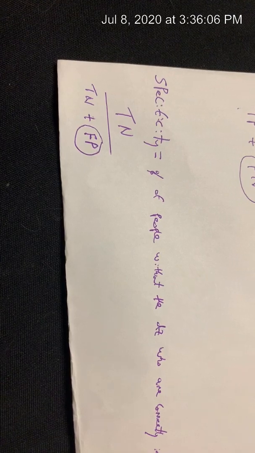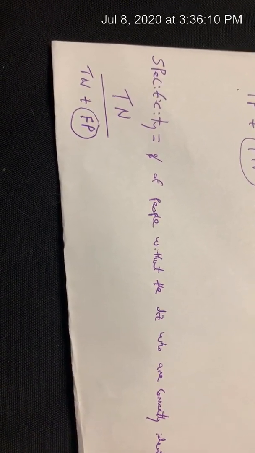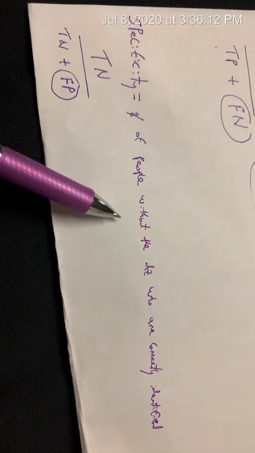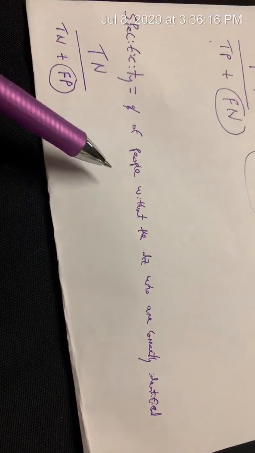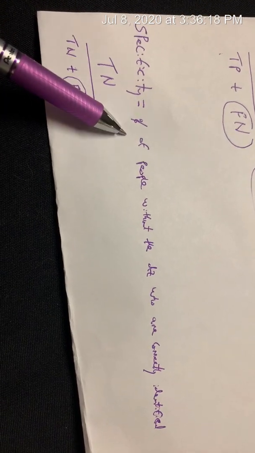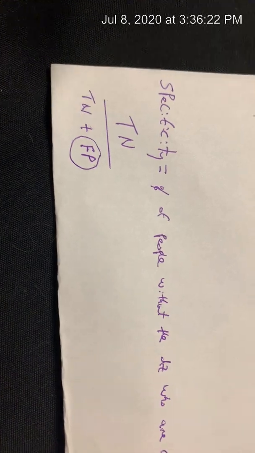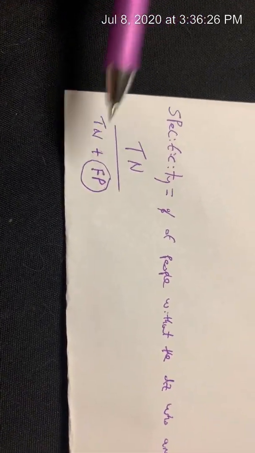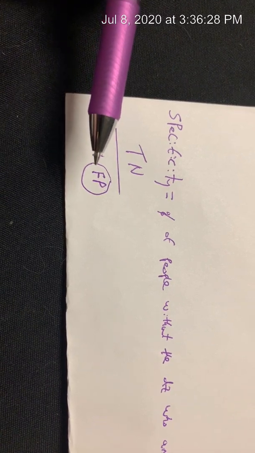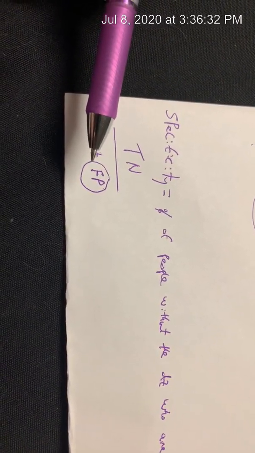Specificity, on the other hand, is better at confirming tests. And again, I think this definition here is accurate to this equation, but it doesn't help you in a practical sense. And let me tell you why. To have a high specificity, you have to have a low false positive rate.